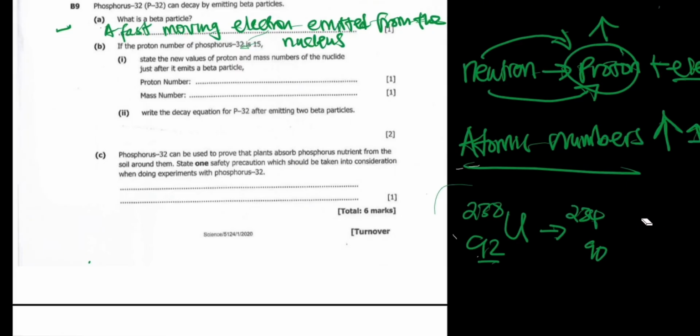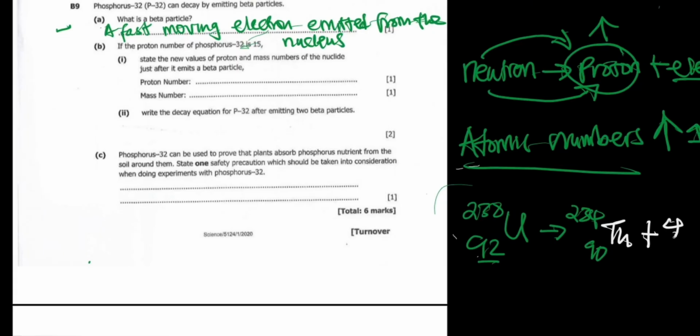Actually, this U is going to change to Th. This is thorium. So you're going to have thorium because everything has now changed here. And then you're going to indicate that the alpha particle has been lost. And this is actually the same as helium.